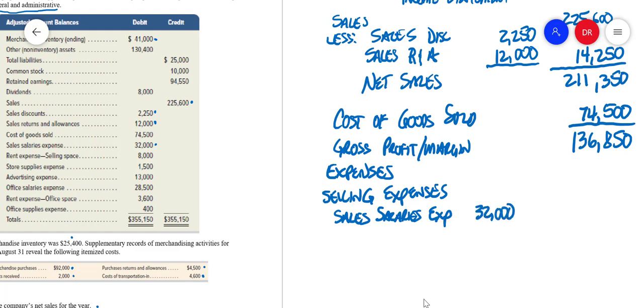We have rent expense for selling space, and that's going to be 8,000.